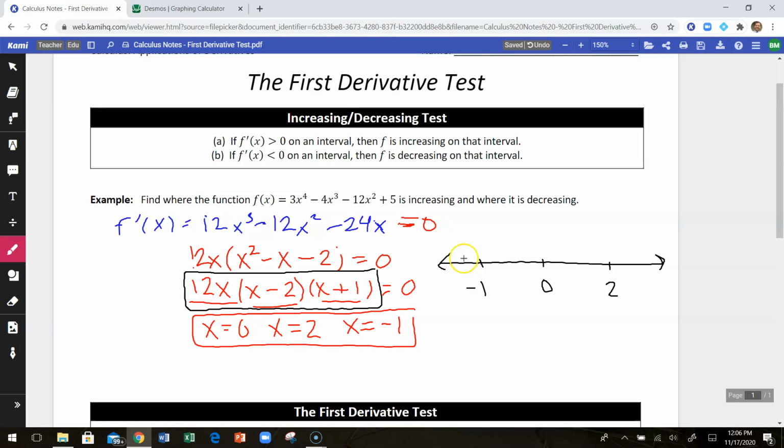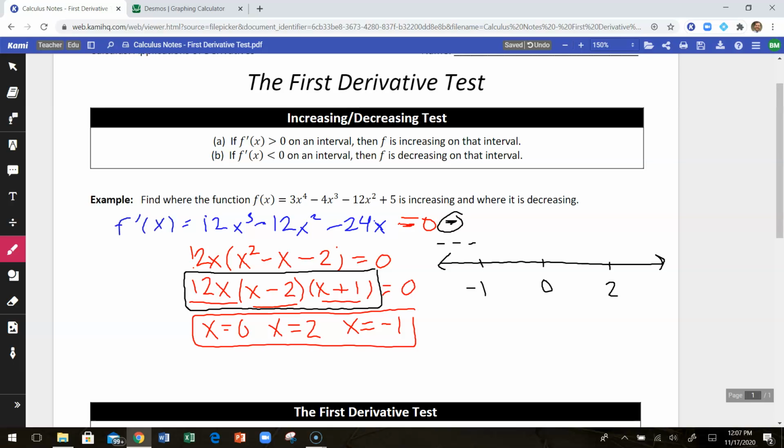So if I plug in a number less than negative 1, like negative 2, this 12x, if I plugged in negative 2, would give me a negative value. Negative 2 minus 2 would also give me a negative value. And negative 2 plus 1 would again give me a negative value. So I would have a negative times a negative times a negative, which would be negative.